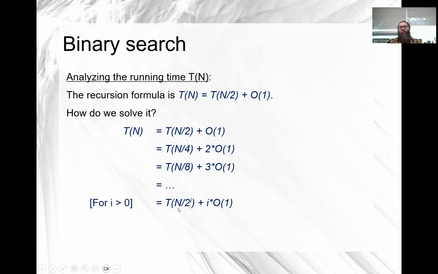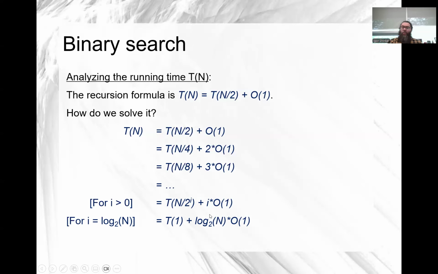How many steps will we do until the length of the array becomes 1? The length becomes 1 when i is log base 2 of n. This is exactly the definition of log base 2 of n: the i which satisfies 2 to the i equals n. And how many times are we going to pay this constant?